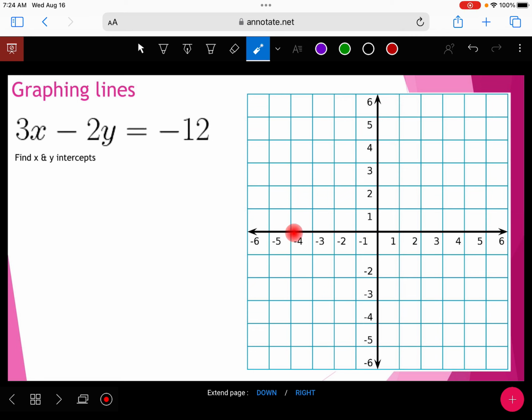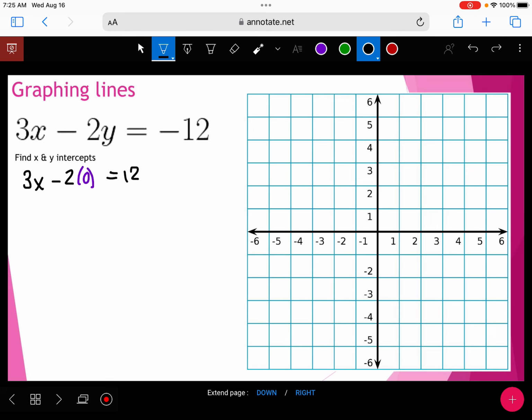So the one thing I know about my x-intercept, I know it's on this line right here, which means I know for sure my y value is what? 0. So if I want to know my x-intercept, we can substitute in 0. So 3x minus 2 times 0 equals negative 12.